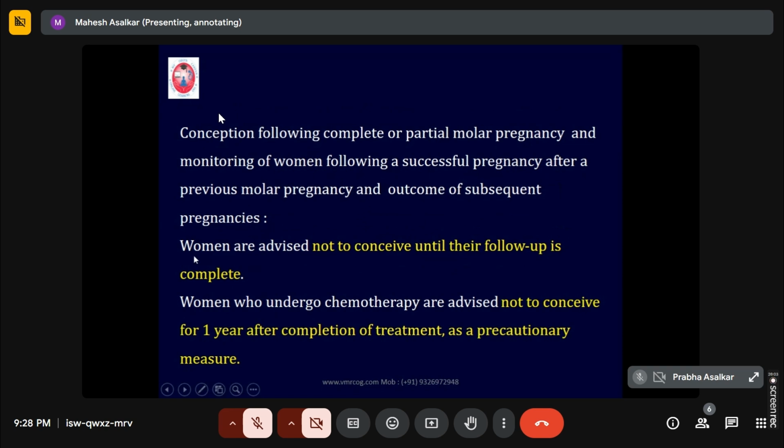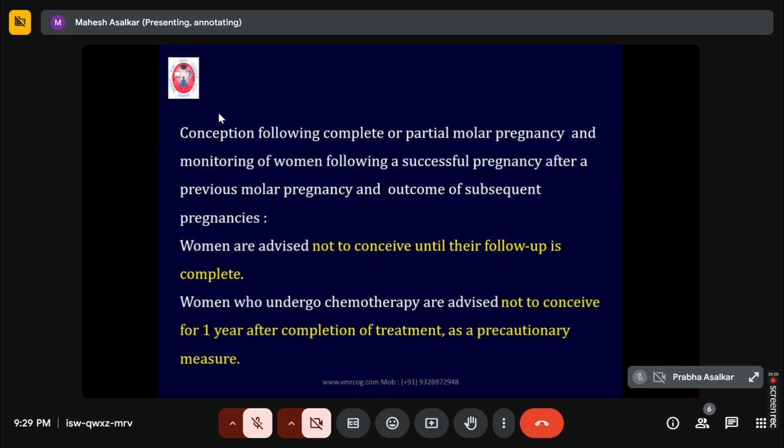Women are advised not to conceive until their follow-up is completed. So once you have diagnosed and treated this molar pregnancy, you have to advise them not to conceive until the follow-up is completed, and the duration of follow-up we have already seen. Women who undergo chemotherapy are advised not to conceive for 1 year after completion of treatment as a precautionary measure.